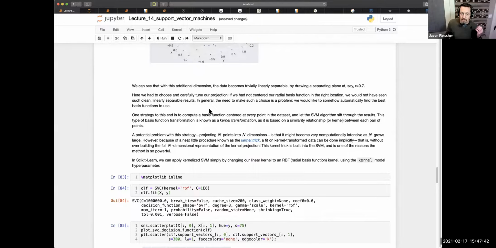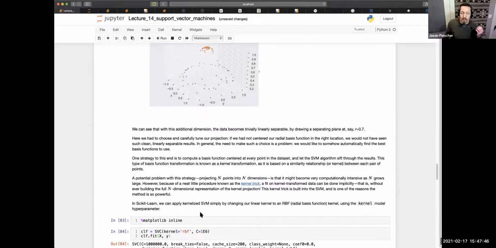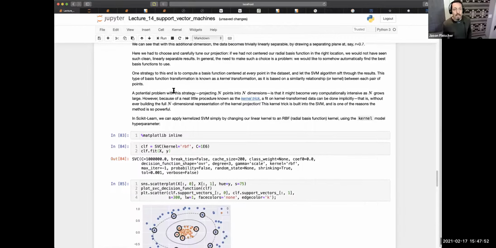Remember, if we go back to the drawing I made, it's probably easiest for me to redraw. Here are our landmarks.